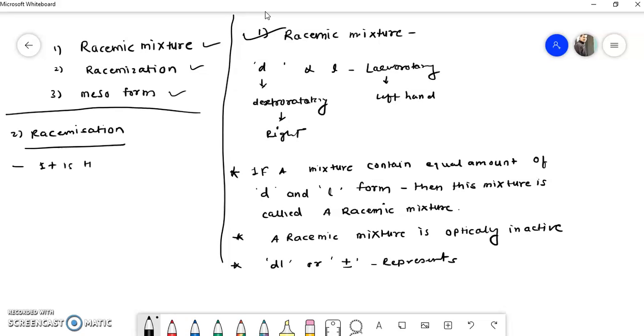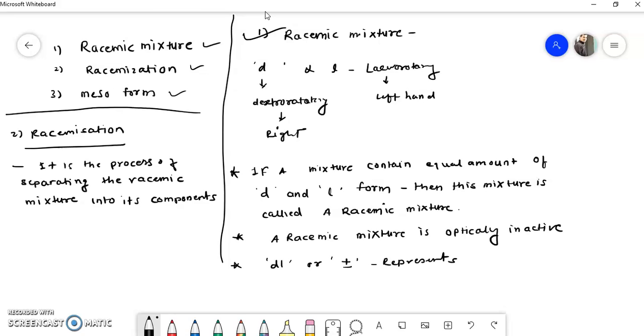It is the process of separating the racemic mixture into its components. It is very simple. What is racemization? It is the process of separating the racemic mixture into its components. And what are those components? Those components are D and L form.